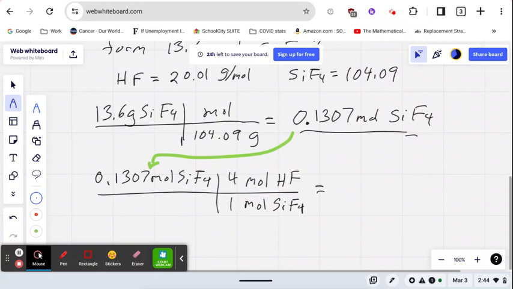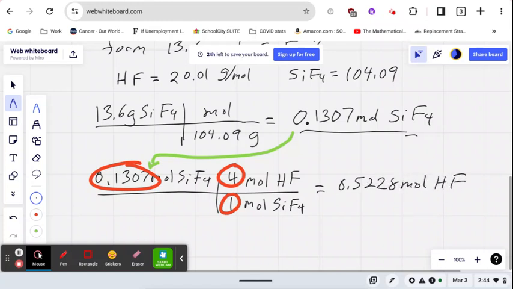Basically, it's telling me 0.1307 multiplied by 4 divided by 1, and that's going to give me 0.5228 moles of HF.